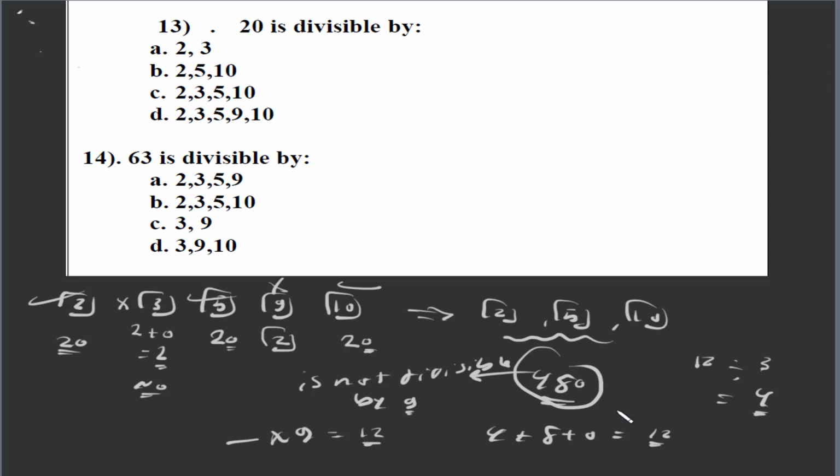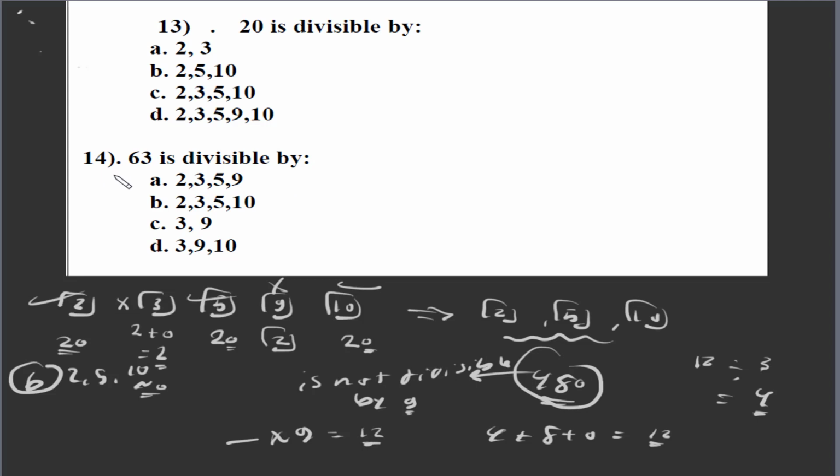So 480 is divisible by 2, 5, 10 and 3, and is not divisible by 9. So the answer will be 2, 5 and 10. B. The answer is B.